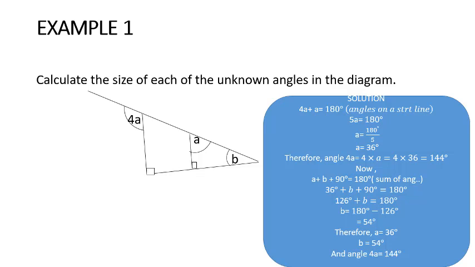Identify right angles, identify angles on a straight line, or identify angles at a point, or identify the angles in a quadrilateral. All these are properties, you need to apply them. So this is how we calculate the size of unknown angles. Thank you very much. That is the end of the lesson.